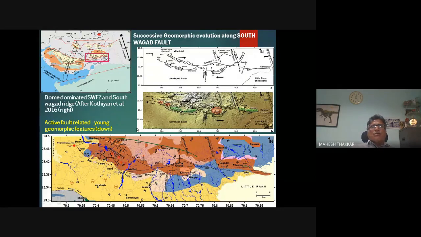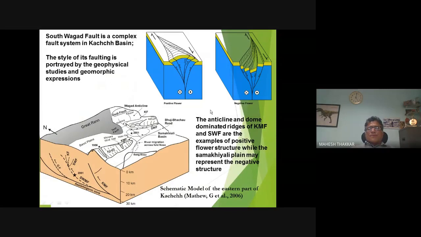We have not gone into the details in 40-50 minutes, but I would like to show some more cartoons from which you can understand the subsurface geometry of the South Wagad fault and its complex fault systems. It mostly follows positive flower structures and negative flower structures. Almost all the anticlines and domes follow positive flower structures, along the South Wagad fault and the KMF.